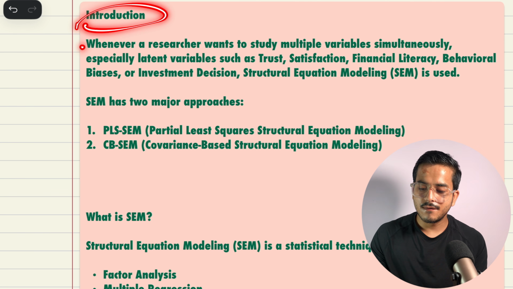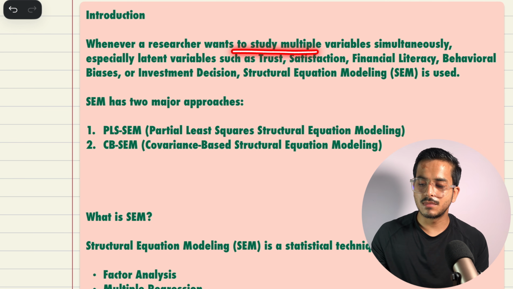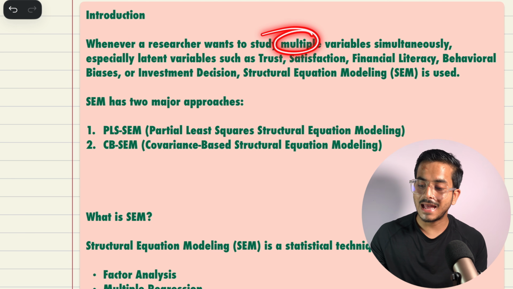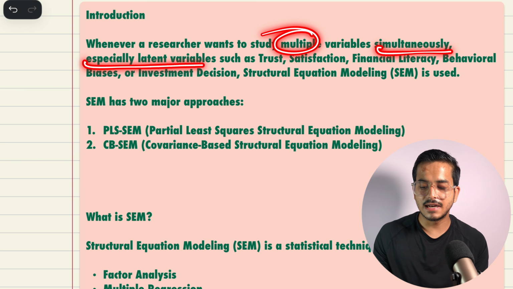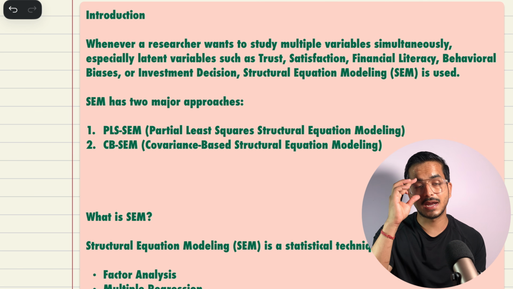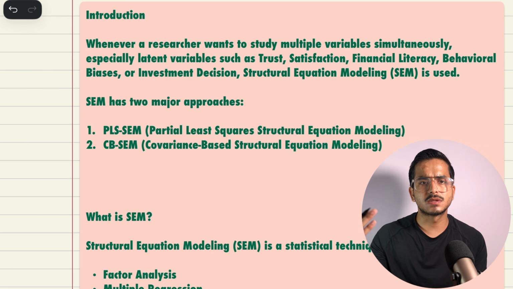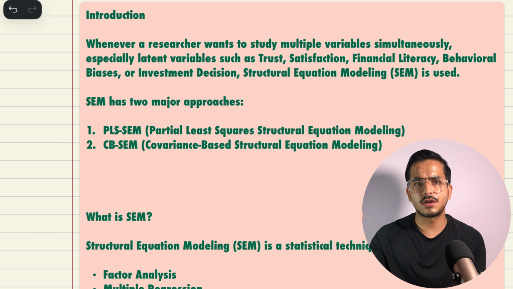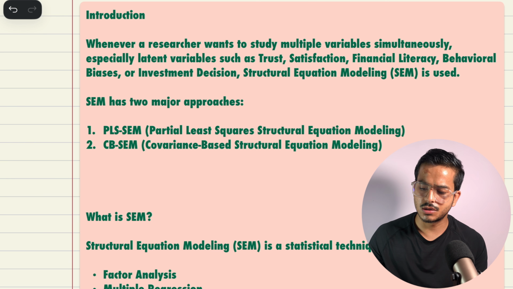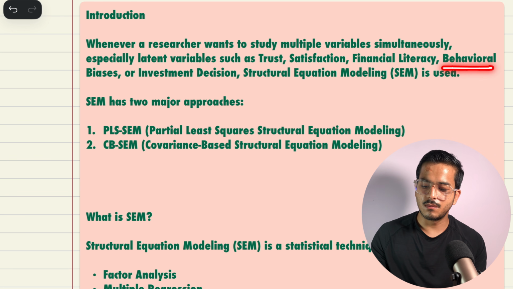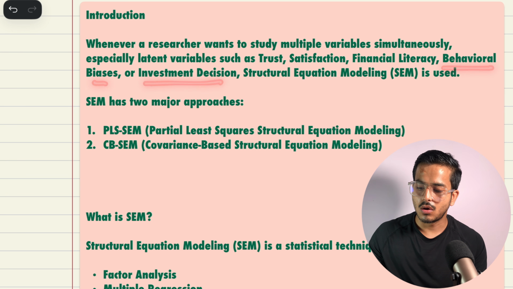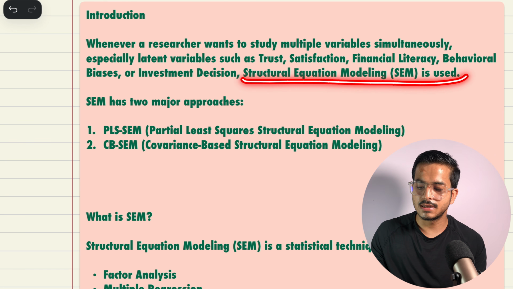Introduction. Whenever a researcher wants to study multiple variables simultaneously, especially latent variables, which are the backend variables that then bifurcate into independent variables, such as trust, satisfaction, financial literacy, behavioral biases, or investment decision, structural equation modeling is used.